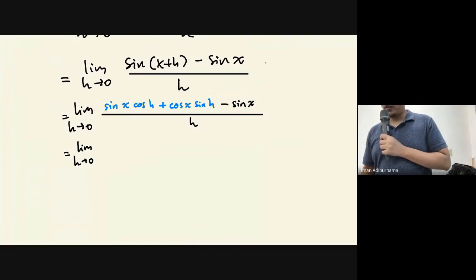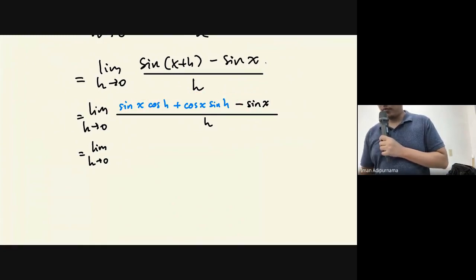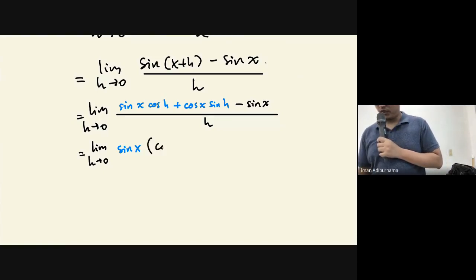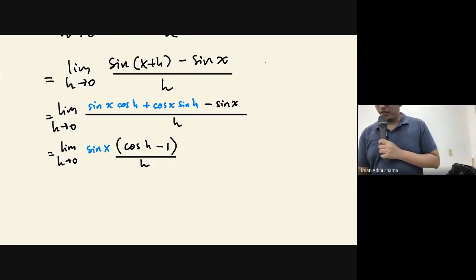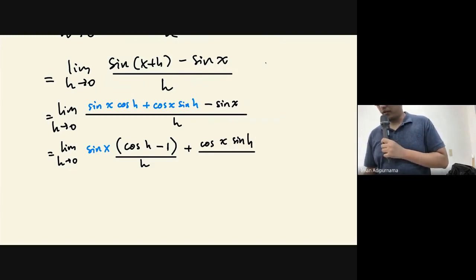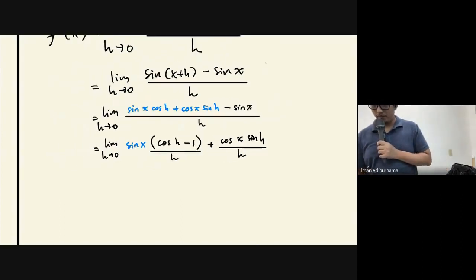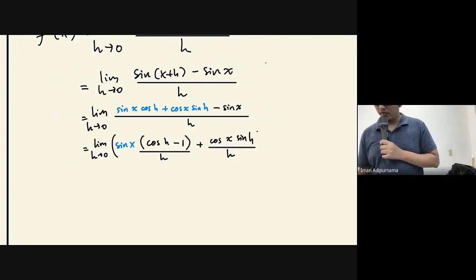And it will be sine x times (cos h minus 1) divided by h, plus cos x times sine h divided by h. Okay, and still in the big bracket here.